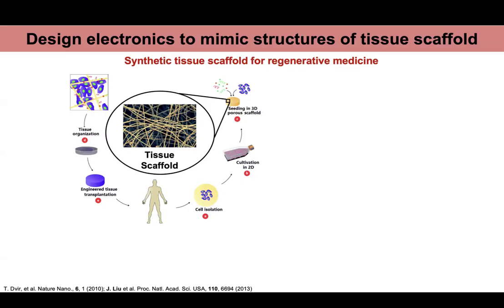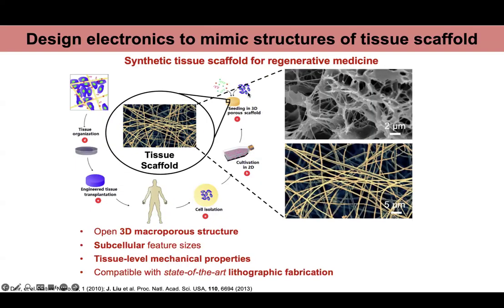It turns out there is already a man-made material that can do that: the so-called synthetic tissue scaffolds for regenerative medicine. It's a 3D microporous soft material that can support cells growing into this matrix. When they grow into a piece of functional tissue, we can transplant it back to the biological system. It will not trigger a severe immune response or chronic mechanical damage.